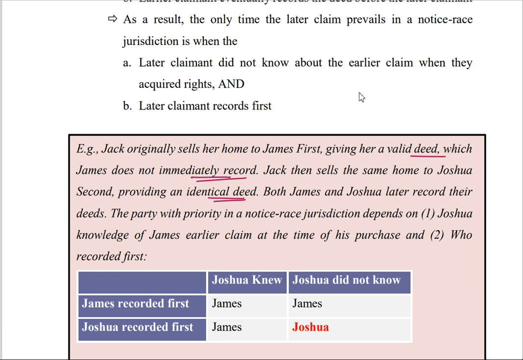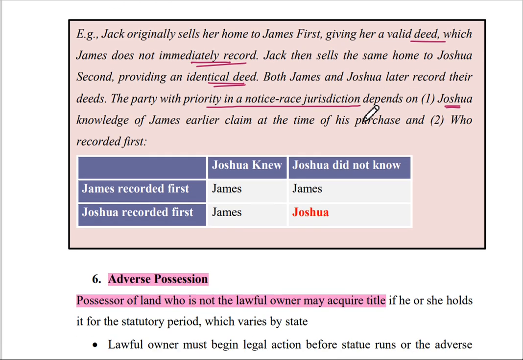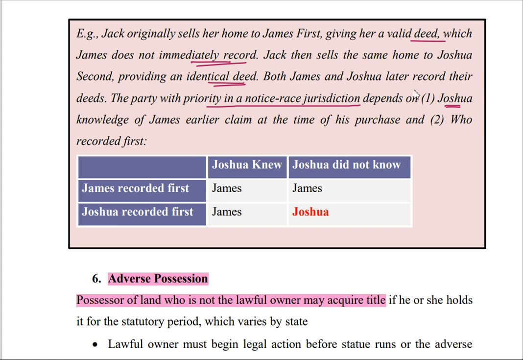The party with priority in a notice race jurisdiction depends on who recorded the deed first. Let's say originally it was first transferred to James. If James has recorded this first, before Joshua, of course James wins, whether Joshua knew it or not.